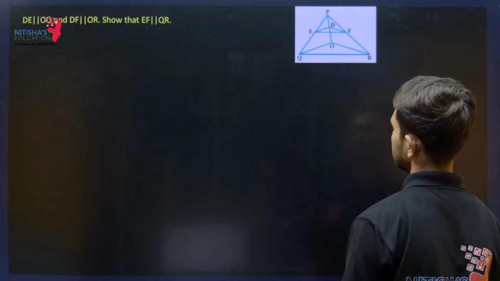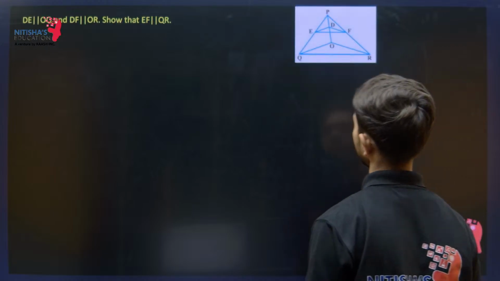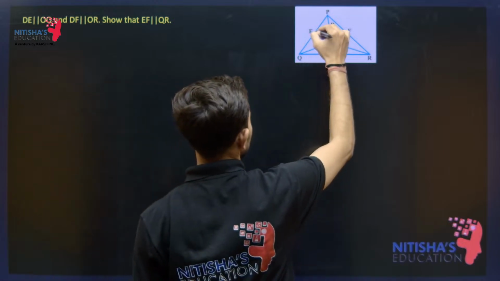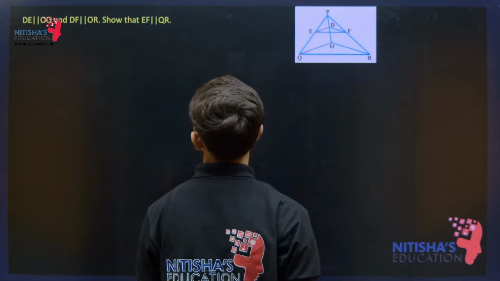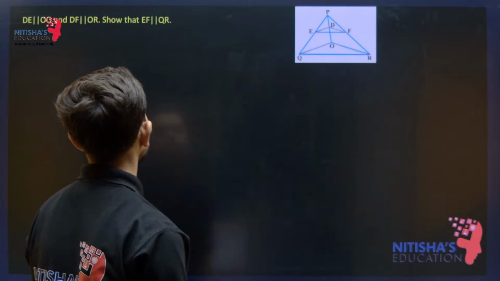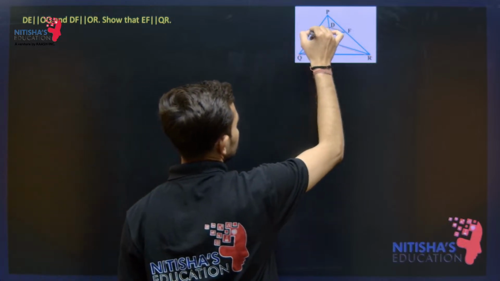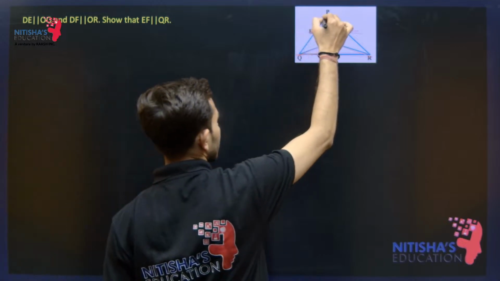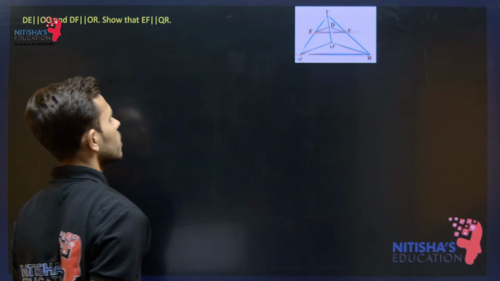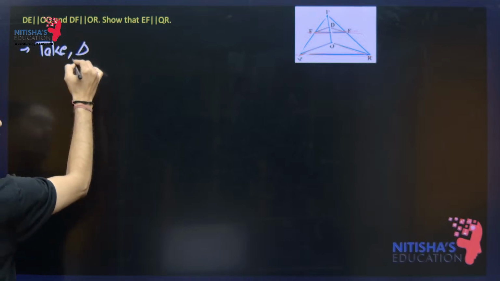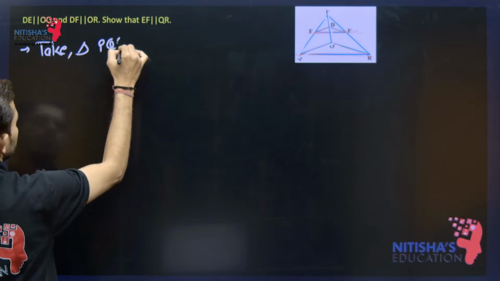Okay, next, this is the NCERT question that you can solve by yourself, right? Let's solve this one. DE is parallel to OQ and DF is parallel to OR. Now we need to show that EF is parallel to QR. For that we need to take two triangles. First consider this triangle, triangle PQO.